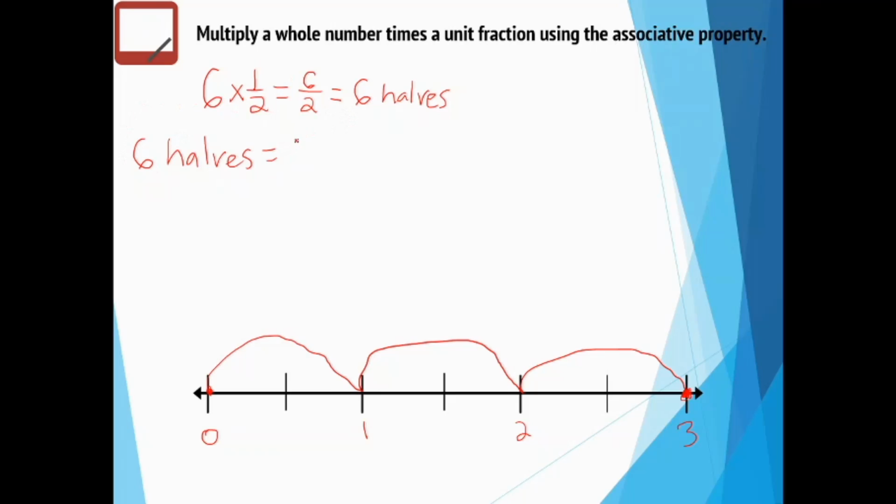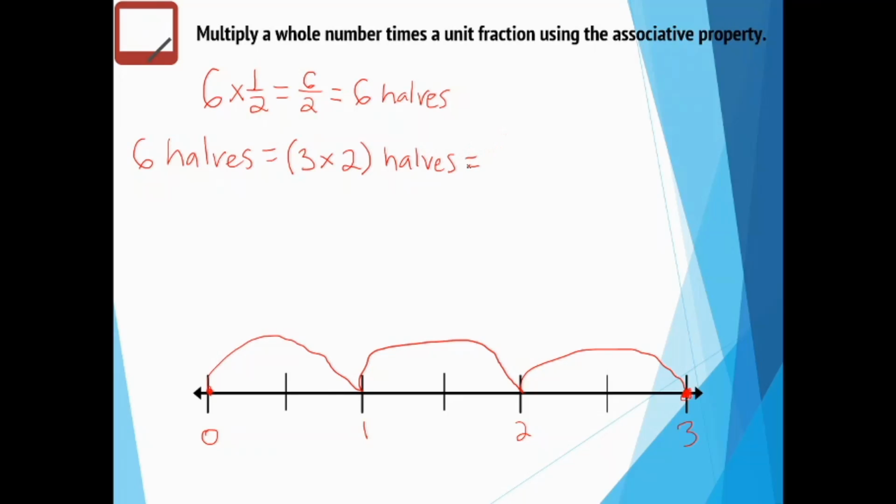Now, what are 2 factors of 6? Well, you could say 2 times 3, or 3 times 2. You could also say 6 times 1, but in this case, we're going to do 3 times 2, because we're trying to show that we have 3 jumps of the halves, right? So we have 3 times 2 halves.